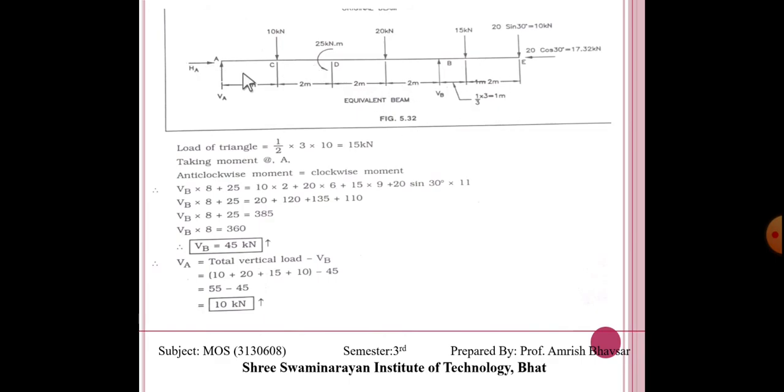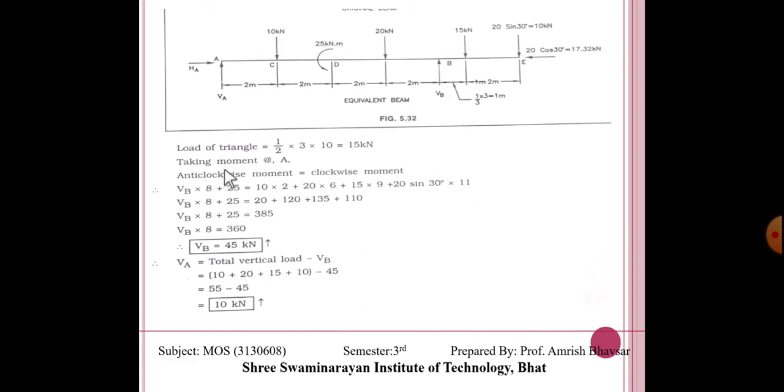So it is HA, VA, 10 kilonewton, 25 moment is there. Here it is 20 kilonewton, here it is a point load, and here vertical and horizontal components are there. So first of all we have to convert all the forces into the simplest form so that we can calculate the moment easily.